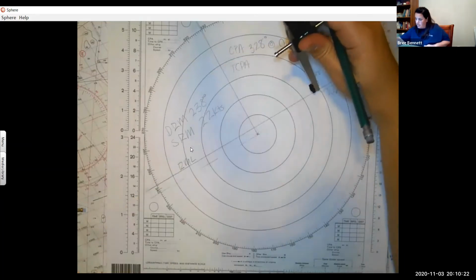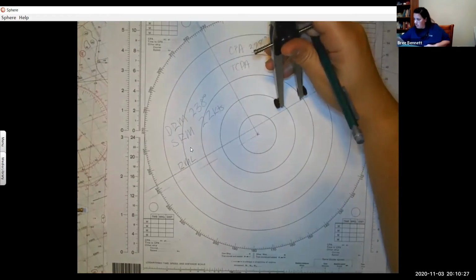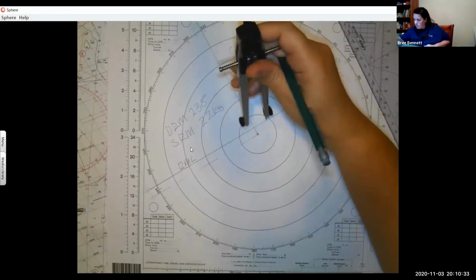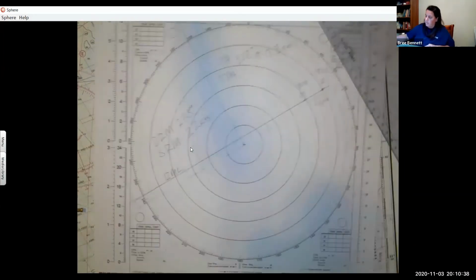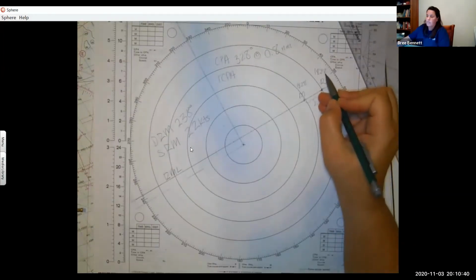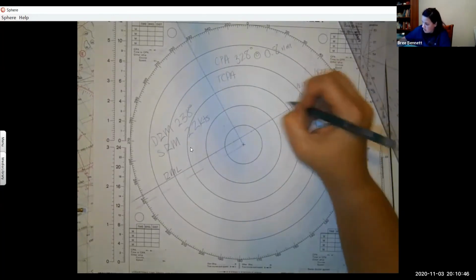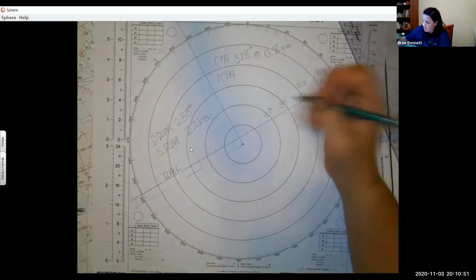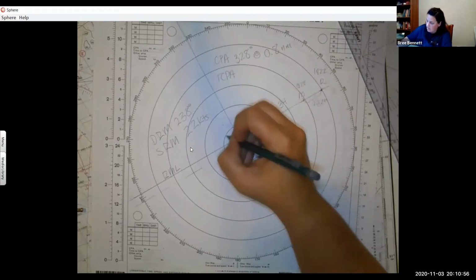So that's our 6 minutes. Now we just walk our dividers, our compass, whatever you guys are using. Okay, so we have 22, 28, plus 6 gives us 34, plus 6 gives us 40, 46, 52.